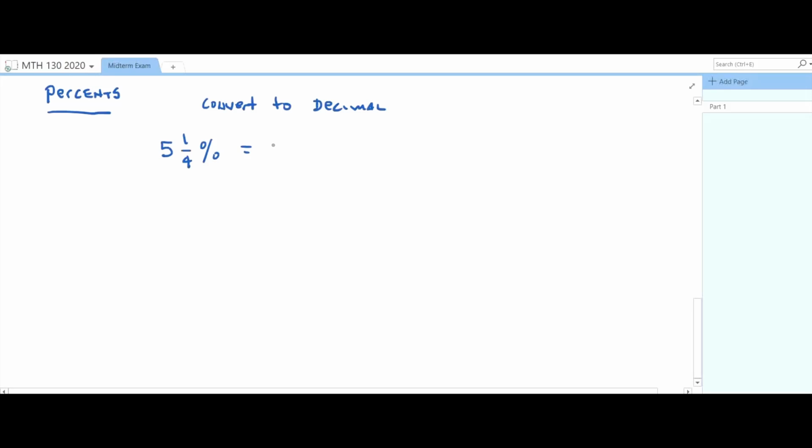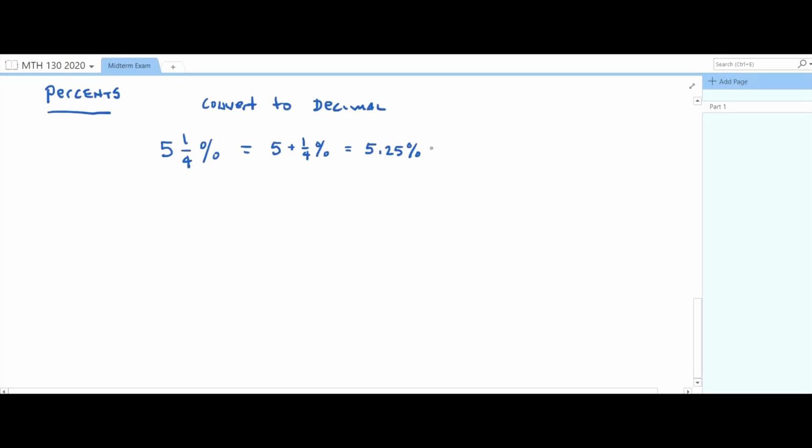Well, this is like 5 plus 1/4%. So now this is using some of the tools we were practicing above. 5 1/4% is 5.25%. And actually, that's the answer. 1/4 is equal to 0.25. We converted 1/4 into 0.25. So that converts this into, that's actually not the answer.